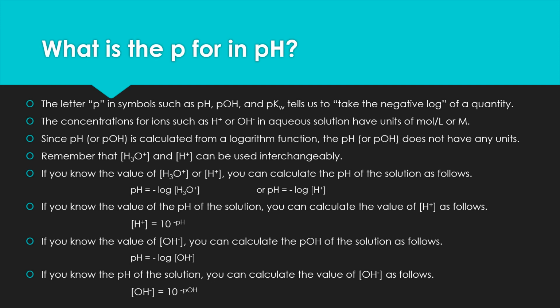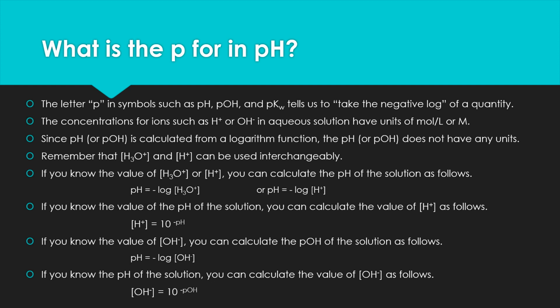So if my pH is 4.2, I do 10 to the negative 4.2, and I get my hydrogen ion concentration. So we can get a concentration of a specific ion from pH.